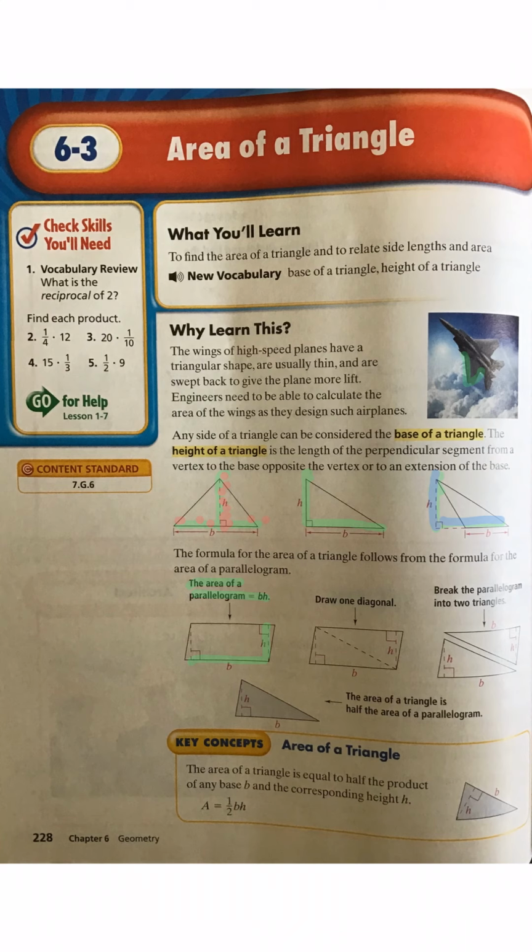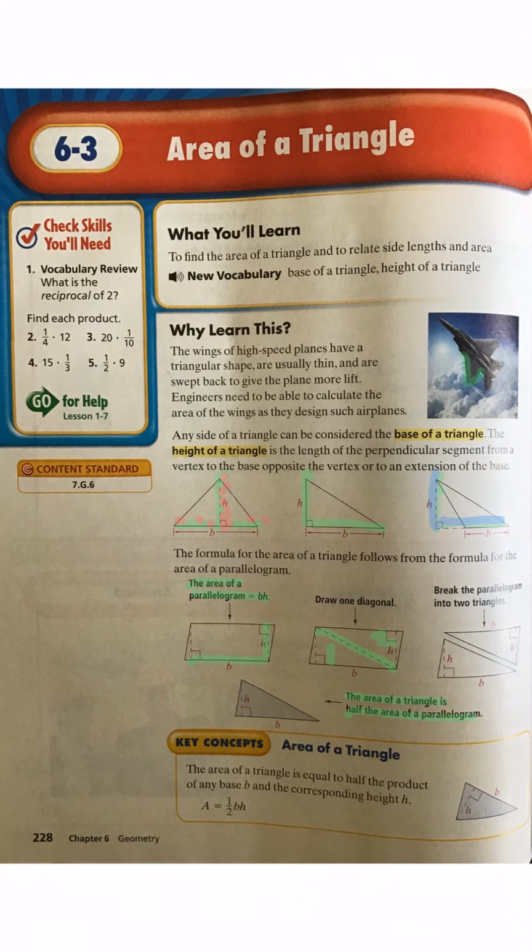So if we were to draw a diagonal between the two, then that gives us 1, 2 triangles. So we break the parallelogram into 2 triangles. Therefore, the area of a triangle is half of the area of a parallelogram.